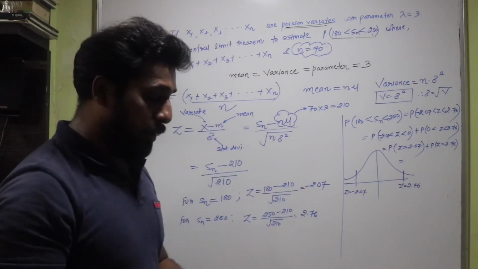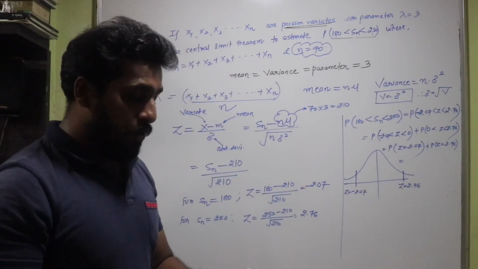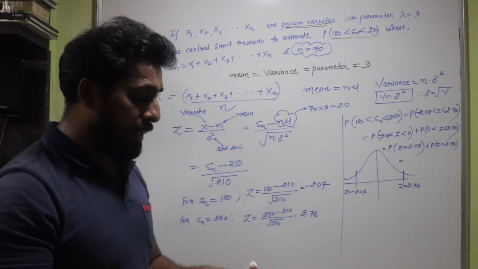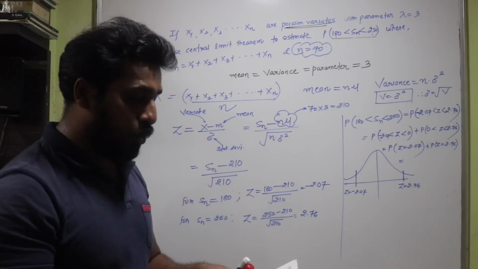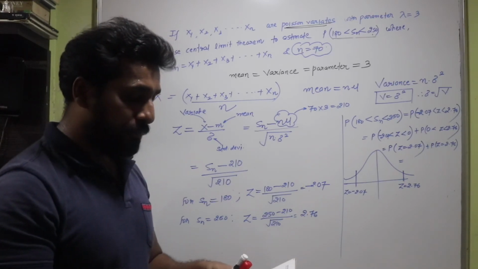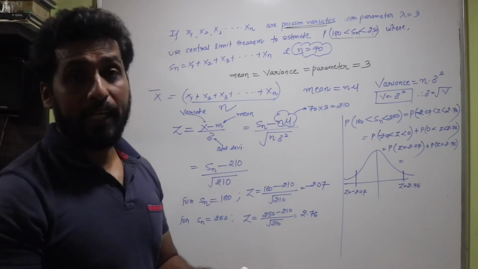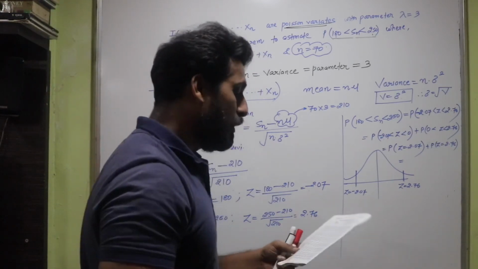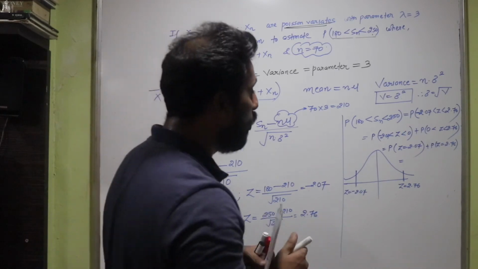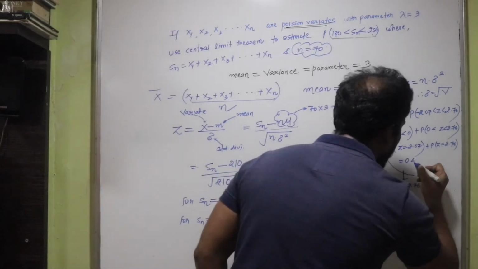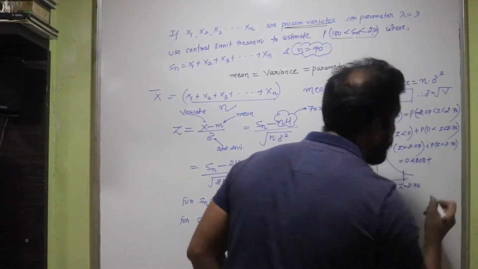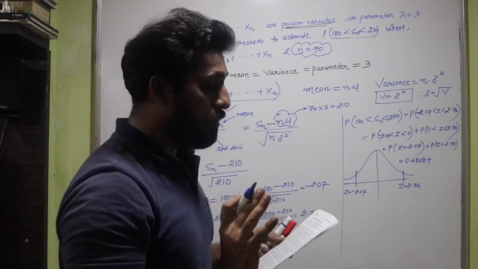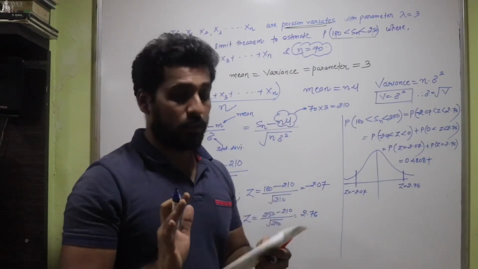So for Z equal to 2.07, the value comes out to be 0.4808.